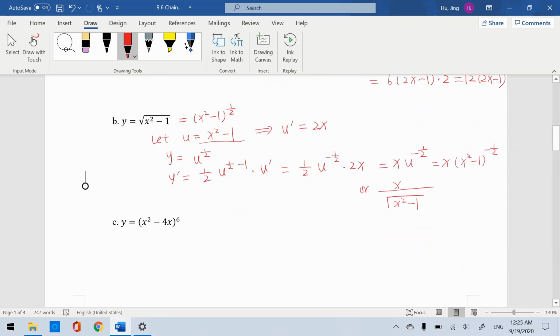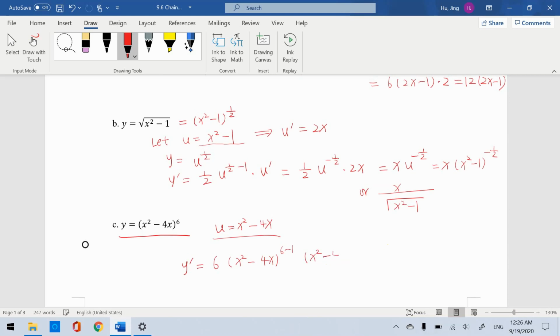Okay, you can practice these problems. I just want to quickly write down the answer. You could do u equals x squared minus 4x, start from here, then you get an answer. Or I just use our second method. So now the 6 jumps down, x squared minus 4x to the 6 minus 1. Remember, this x squared minus 4x is not the destination x. So we need the prime of x squared minus 4x.